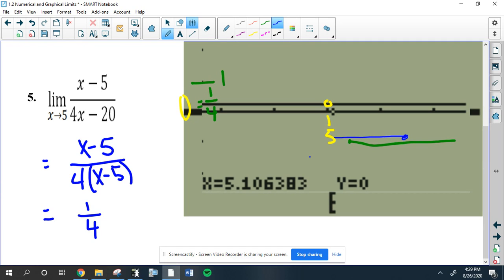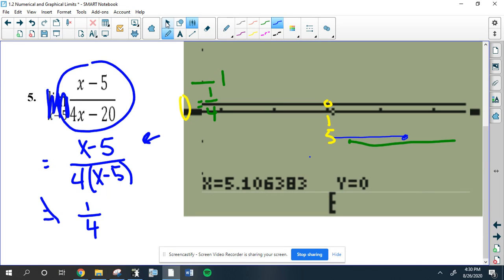But one very, very important thing about what I did here is see this equal sign? This is equal to this function. See this equal sign? Not really. This does not equal 1/4 because 1/4 is defined everywhere. This function is not defined at x equals 5.